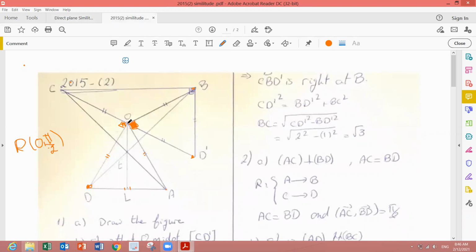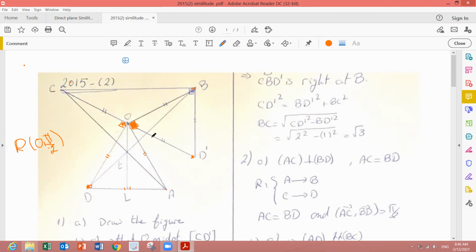How to verify that O is the midpoint of CD prime? 90 plus 90 gives 180, so they become collinear: C, O, D prime are collinear. And then why are they equal?